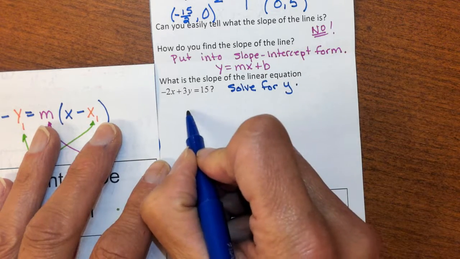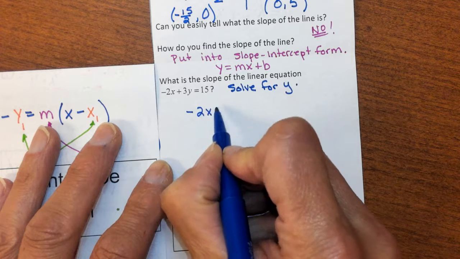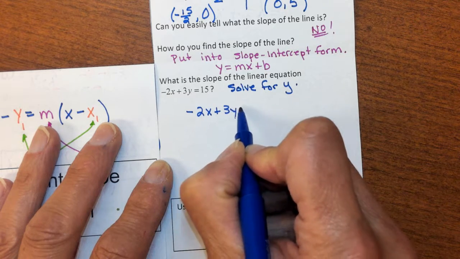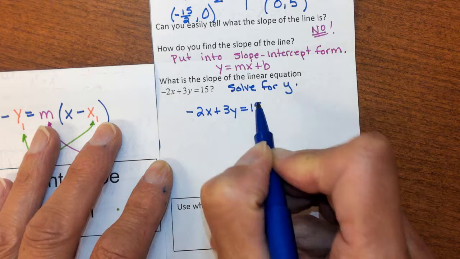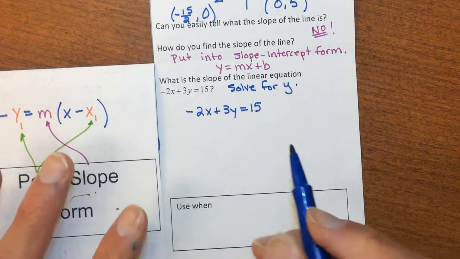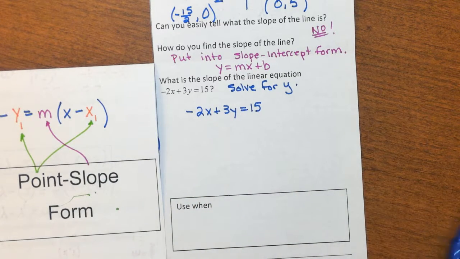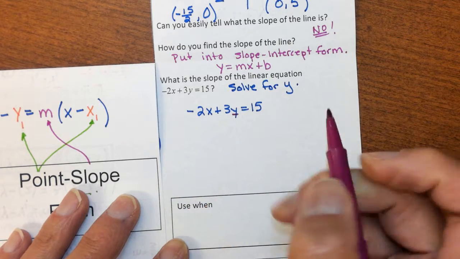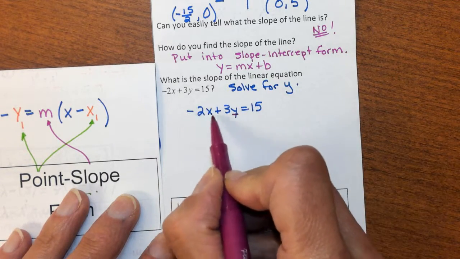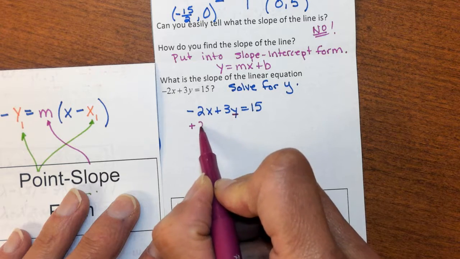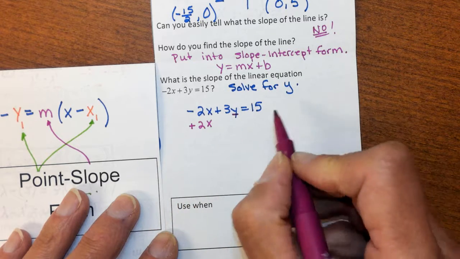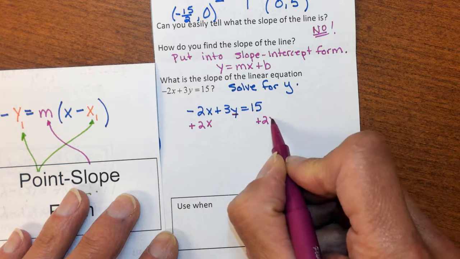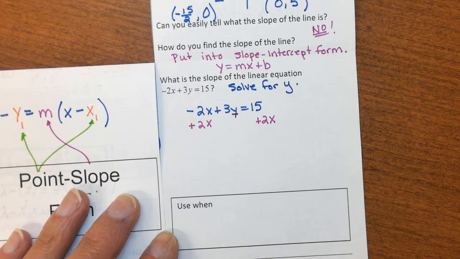I'm going to rewrite this. Negative 2x plus 3y equals 15. So how do I solve for y? Well, I want to get y by itself. Y is right there. I want to leave it there. So I'm going to turn negative 2x into a 0, which means I add 2x to both sides of my equal sign.